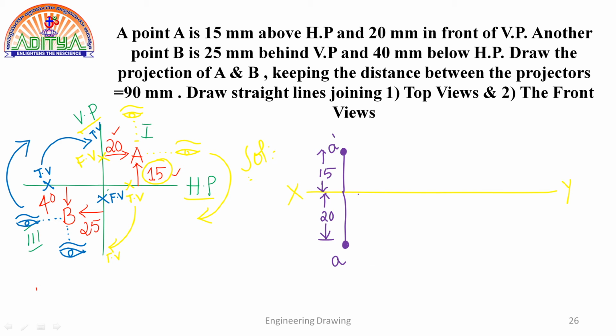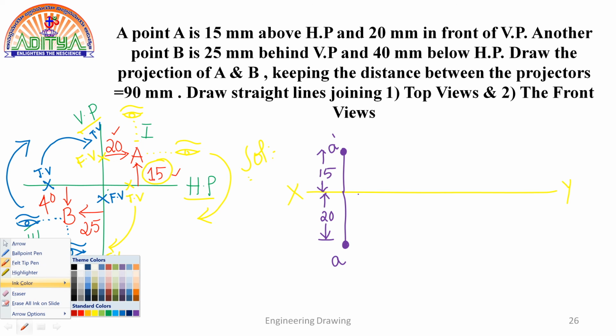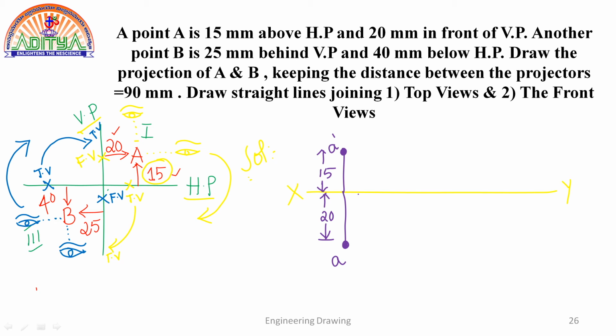So it means we have to give a 90 mm distance between the projections of points A and B. So we need to take a distance of 90 mm from point A to point B, as it is given that the distance between the projections is equal to 90 mm.